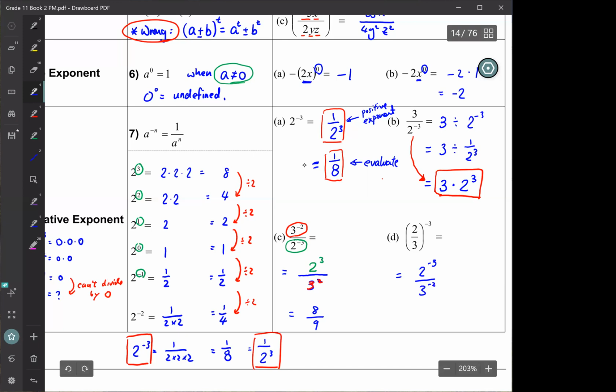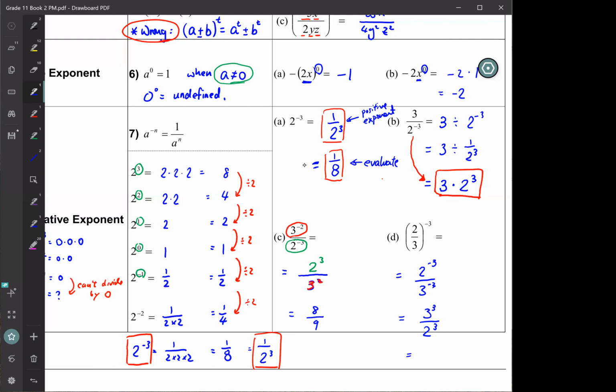Okay, so Marcus, can you try this again? What do we do now? You put 3 to the power 3 on top and 2 to the power 3 on the bottom. Yeah, very good. Okay, now you got it. So if they both have negative, you just swap it to the other side, right? And if they want you to evaluate, you find each answer.